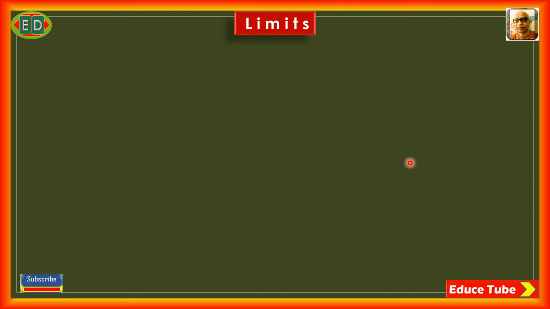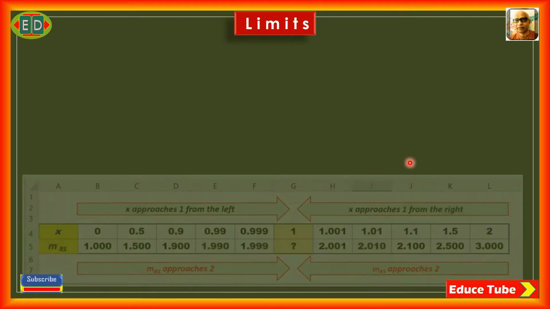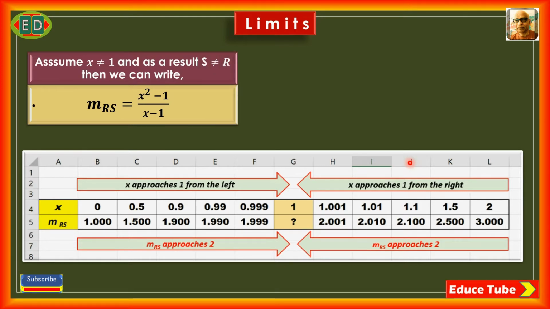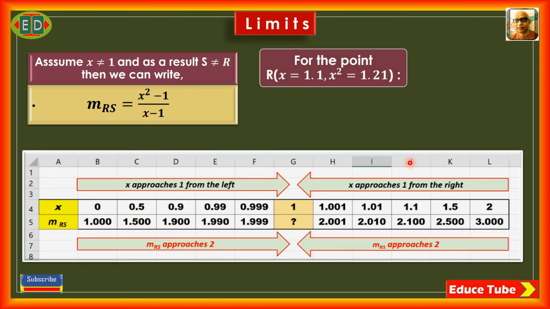To get an idea of the behavior of the graph of the function near x equal to 1, we can use two sets of x values: one set that approaches 1 from the left and another set that approaches 1 from the right.